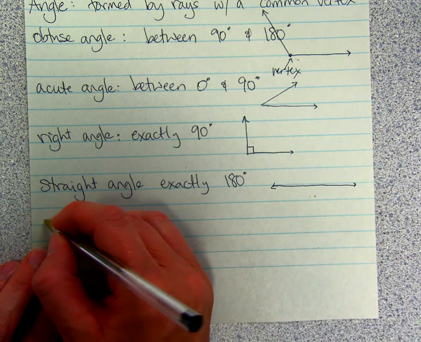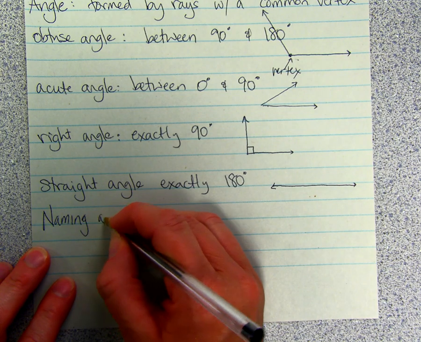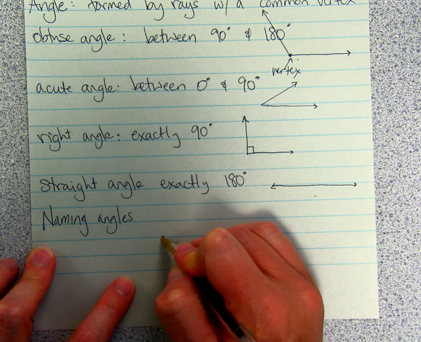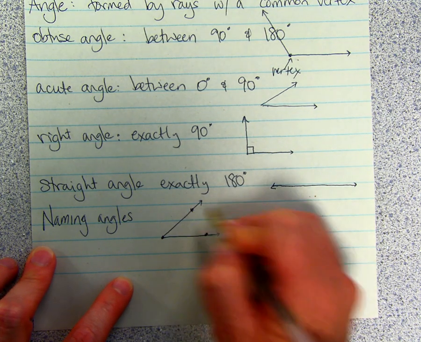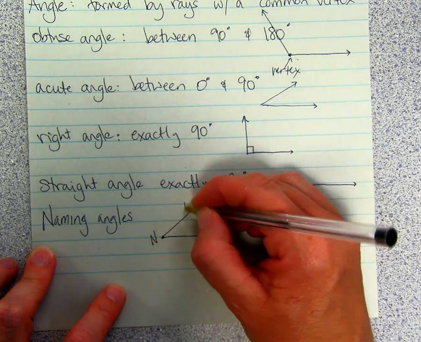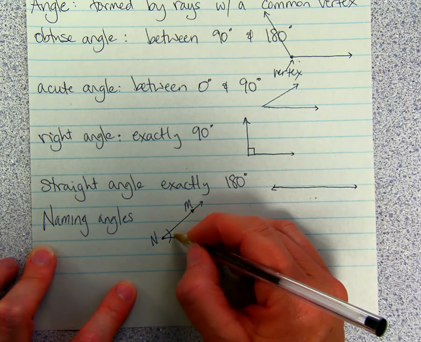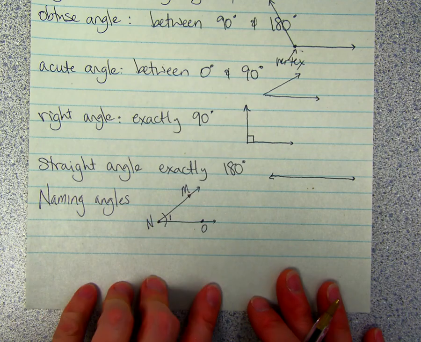If you want to name angles, so we're going to draw one angle here, and we're going to put letters on these points. We'll put an arc mark, angle 1. Okay, so there's lots of different ways we can name this angle.